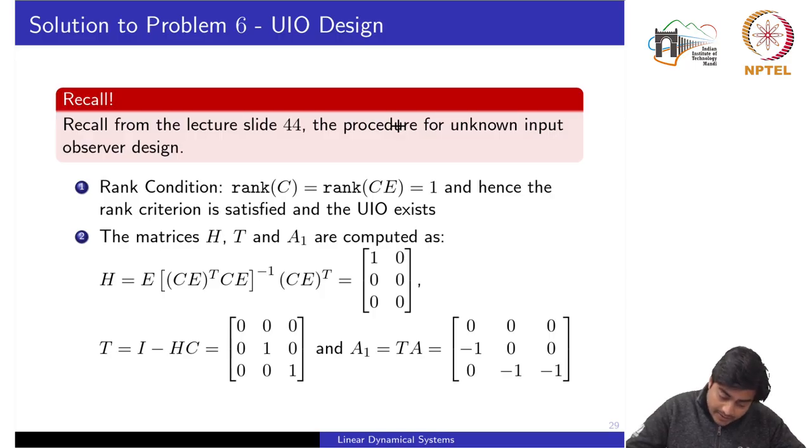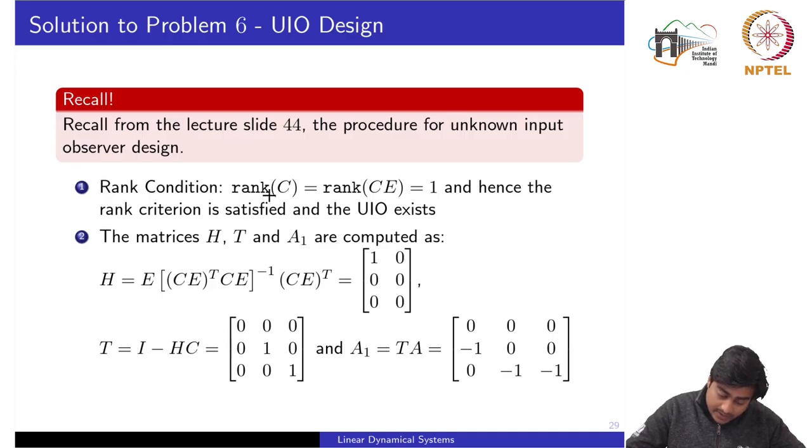The detailed design steps were given on lecture slide number 44. Here we will quickly go through all the steps to compute the relevant matrices, and then finally we will see the simulation results. The first condition is the existence of the UIO, and from there we gave a special solution of this H matrix.